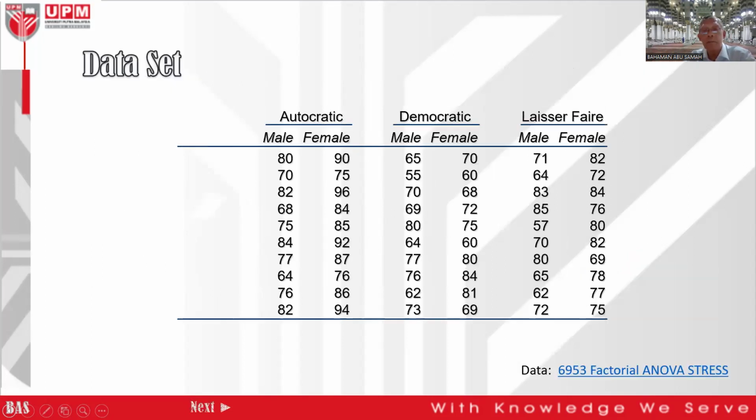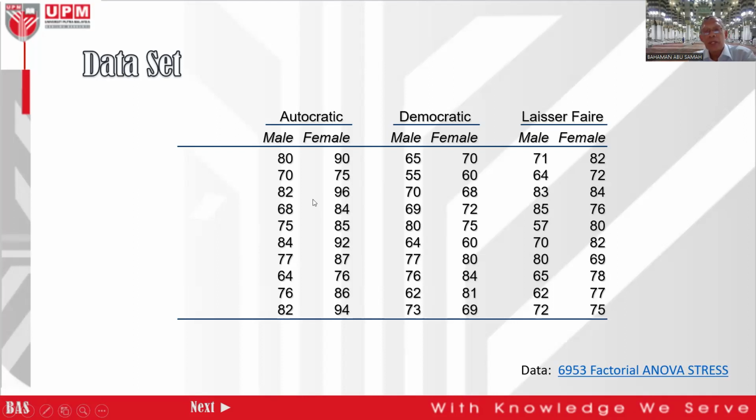Okay, that is the data set. So we have autocratic, democratic, and laissez-faire. These are the 3 leadership styles for the principal. And then we have male and female. For each subgroup, we have 10 cases.